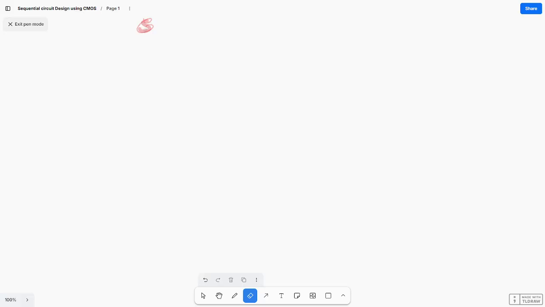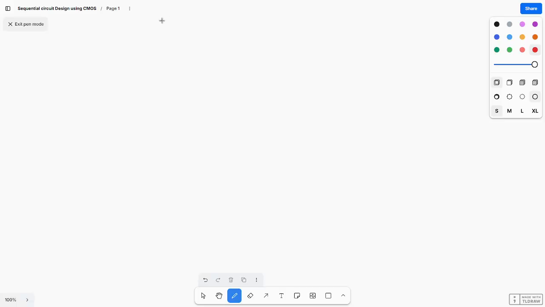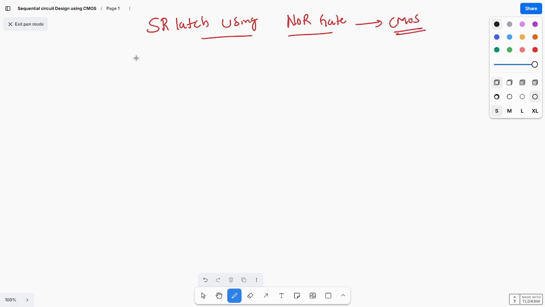SR latch using NOR gate. I'm implementing this SR latch using NOR gate, and I'm implementing it with CMOS logic. So the SR latch has one NOR gate, and this is one more NOR gate.